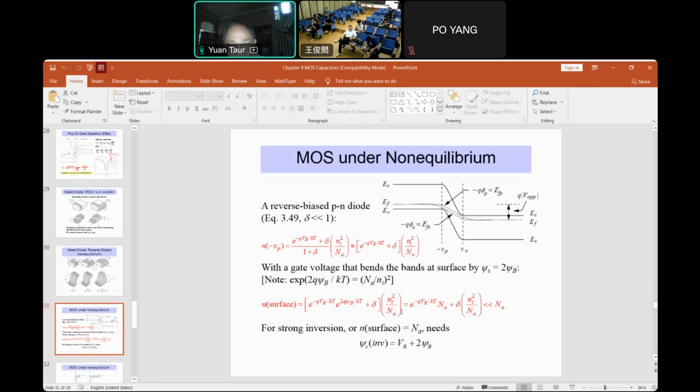So that's not enough to get the electron density at the surface at minus XP to be comparable to NA. This is still much less than NA. So there's no strong inversion.